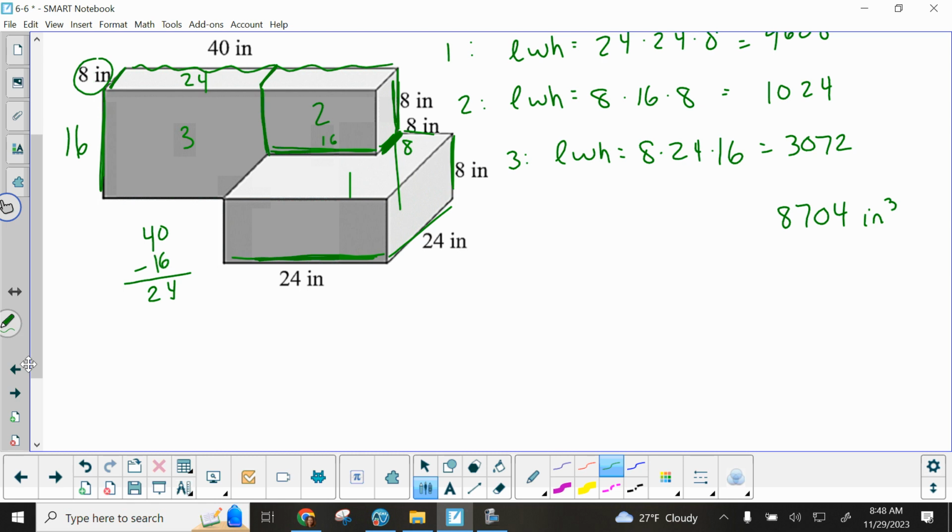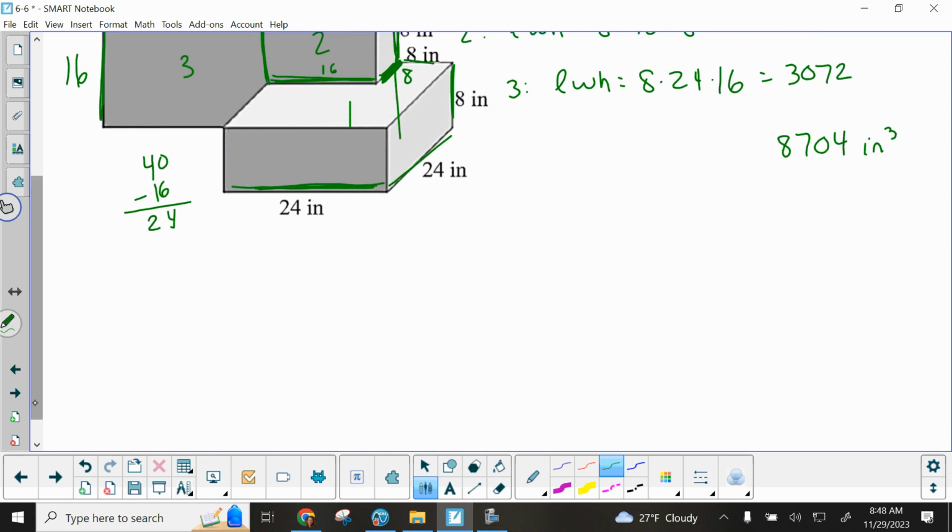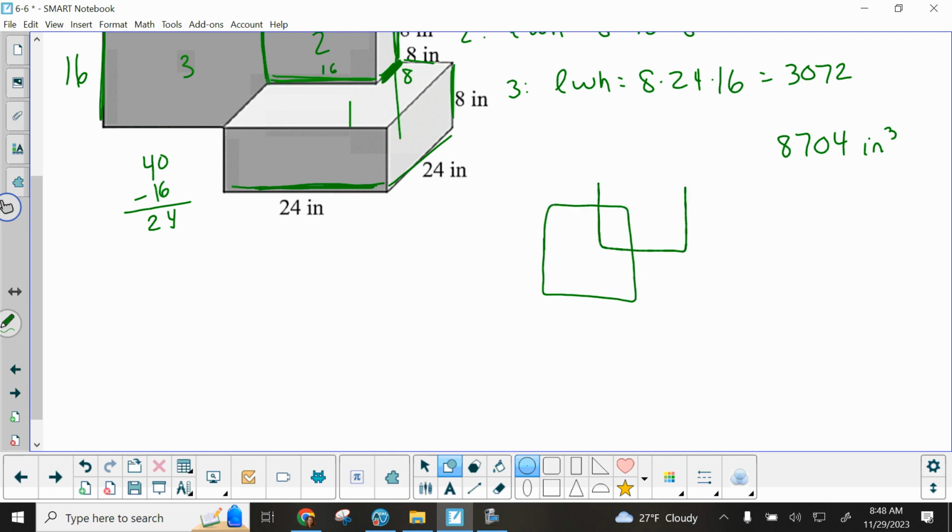All right, now I need to change it into cubic feet. So one tricky thing about changing from cubic inches to cubic feet is what actually is happening here. So if you think of a cube that is 1 foot by 1 foot by 1 foot, that would mean that I have 12 inches by 12 inches by 12 inches.